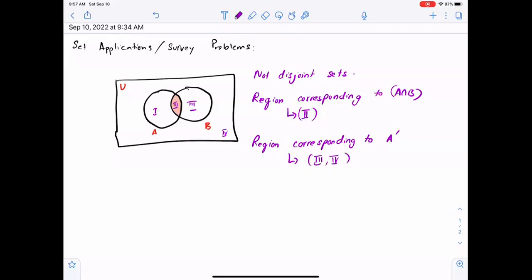The common mistake that students would make is to include 2. Do keep in mind that a complement would correspond to all elements that are not A. No part of A. Region 1 is a part of A. Region 2 is a part of A. By all means, A is formed by combining regions 1 and 2. So we cannot include 2 when we write a complement.